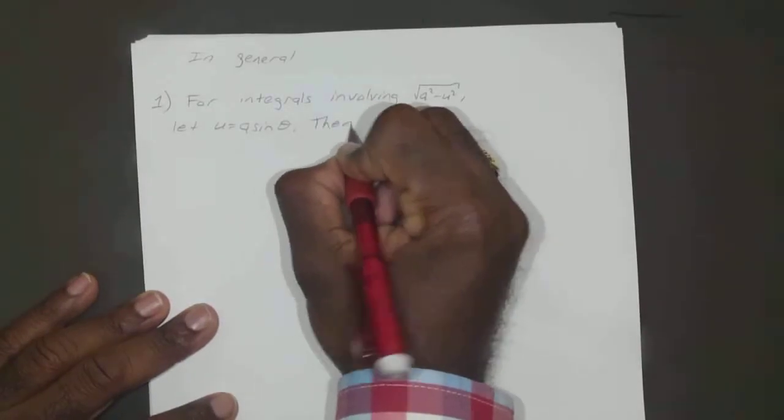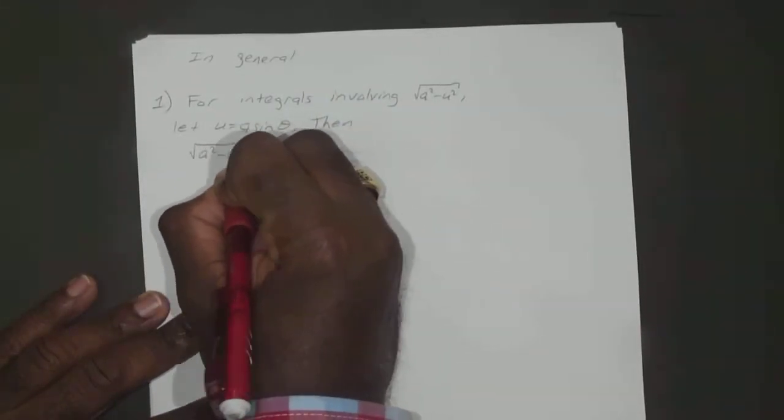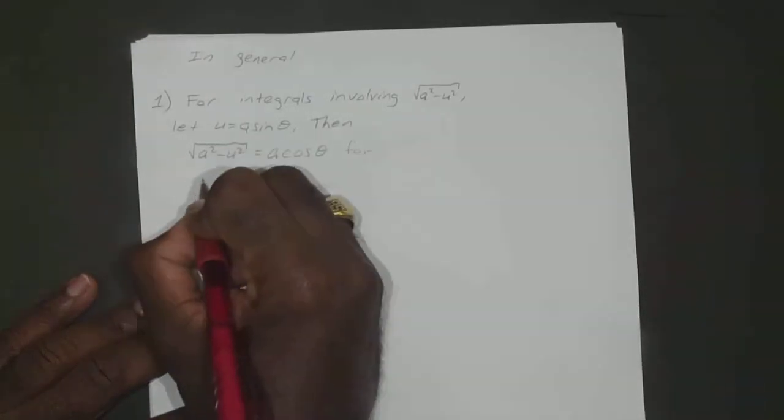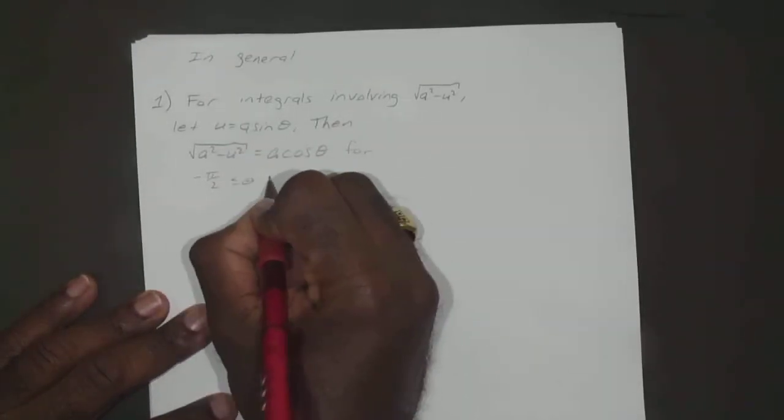So that means that the square root of a squared minus u squared is going to equal a cosine of theta, for negative pi over 2 to pi over 2.